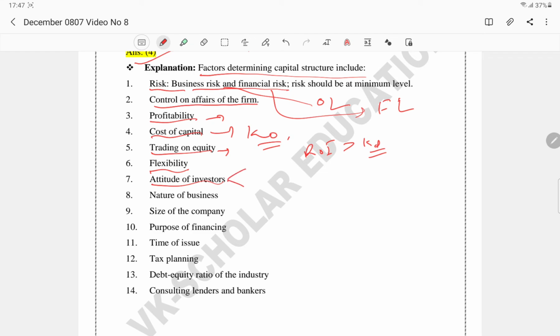Some prefer control in a business, so they are the equity shareholders. Some are interested in getting regular income, so they are interested in the interest from a company. Nature of business, size of the company, purpose of financing, time of issue, tax planning, debt equity ratio, consulting lenders and bankers. So these are the various factors which a company will keep in mind while deciding the capital structure for its business.